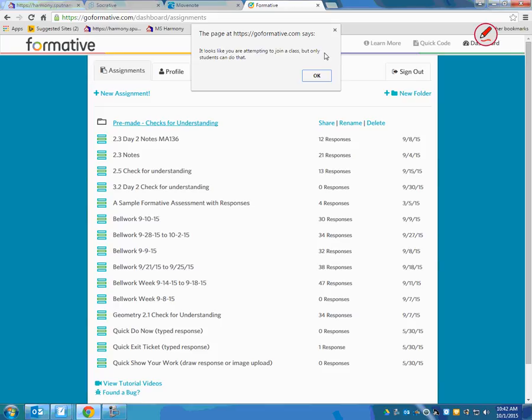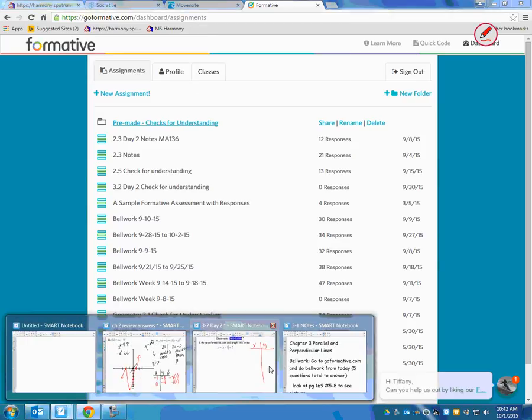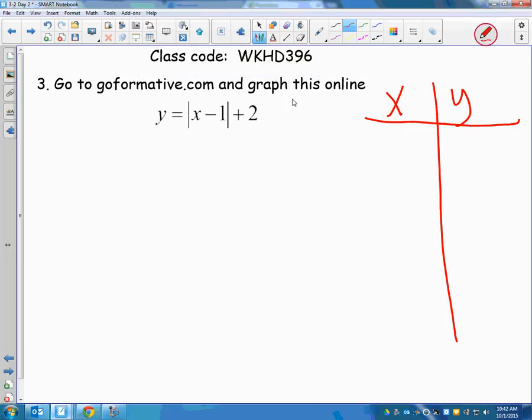Mine just shows all this stuff. Only students can do that, it says. Has anybody got this to work yet? Yes, I'm joining. WKHD396. It says here, ma136. Okay, so now click on ma136 and you should see assignments. It's got 2.3 notes, 2.3 day 2 notes, and then check for understanding. 2.3 day 2 notes is what you want to click on.